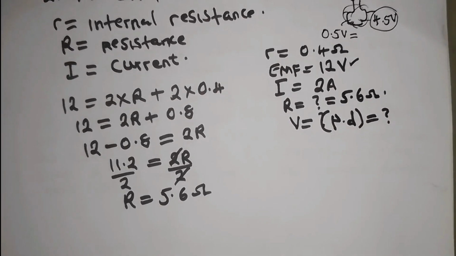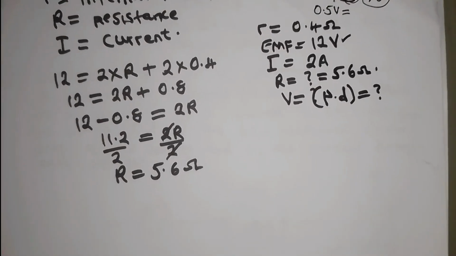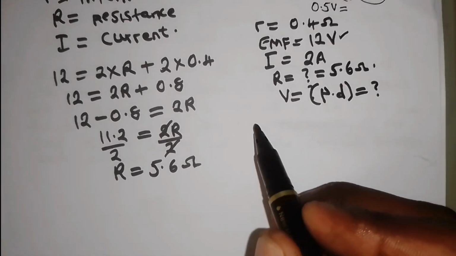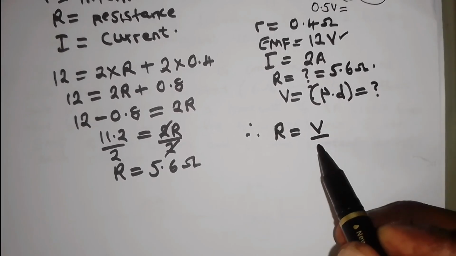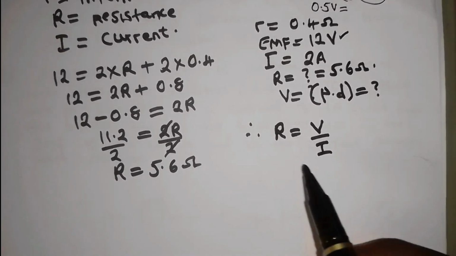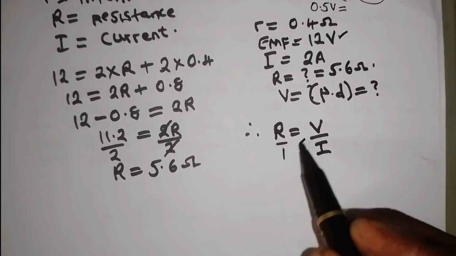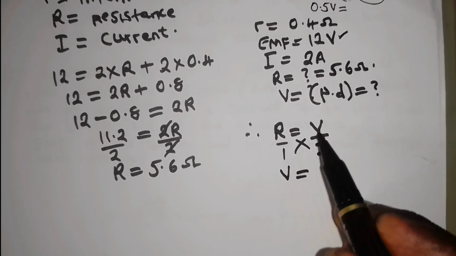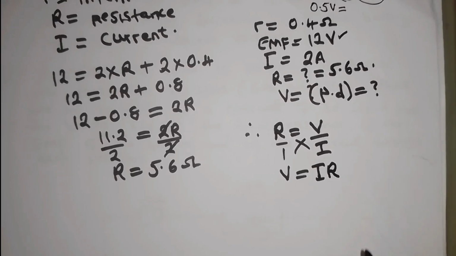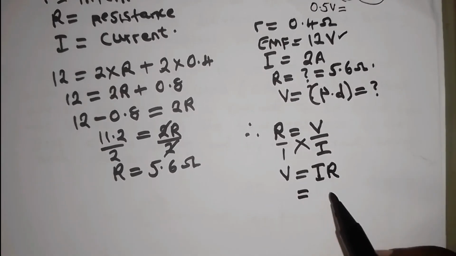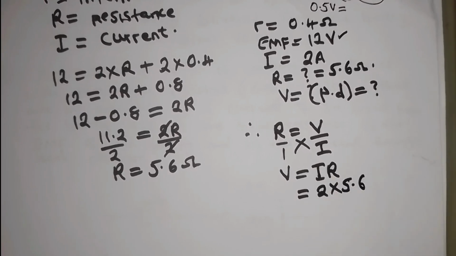From there we can now use Ohm's law. Therefore, the capital R equals V over I. We can make V the subject because we are looking for it. Cross multiplying, V equals I multiplied by R. Our I is 2 multiplied by our resistance, which we have just found is 5.6.